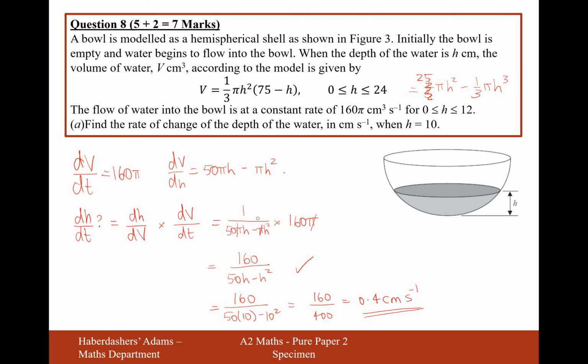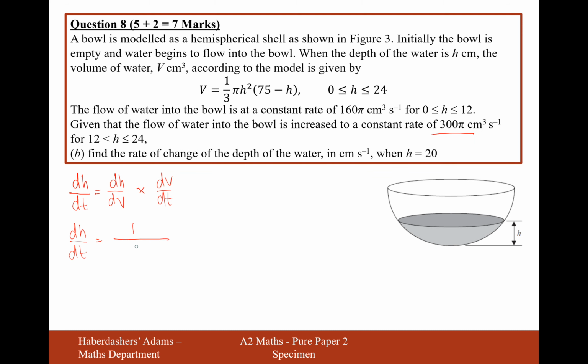It was 1 over 50 pi h minus pi h squared. That was the upside down rate of change of the volume with respect to h, and then we're going to times this by 300 pi, the new rate at which volume goes into the water.